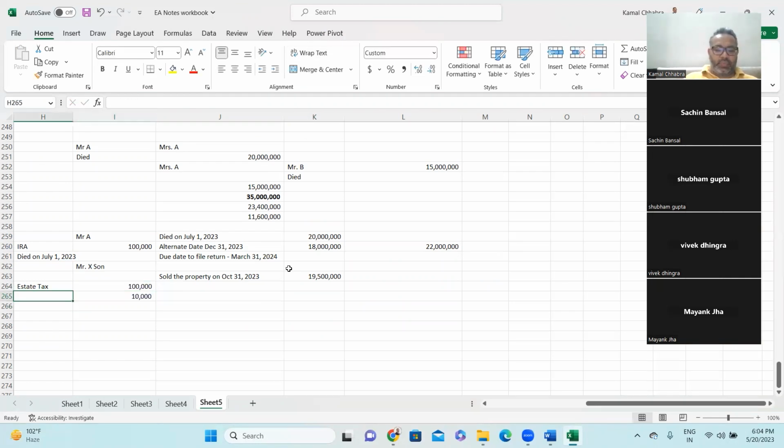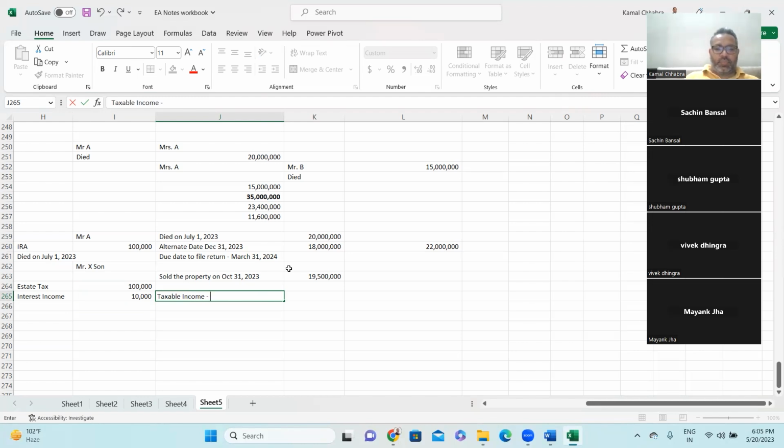They give interest income. So then this 10,000 would be considered as taxable income. Make sense? Does this make sense? Vivek, Sachin, Mayank? Yes, sir. Any doubt?